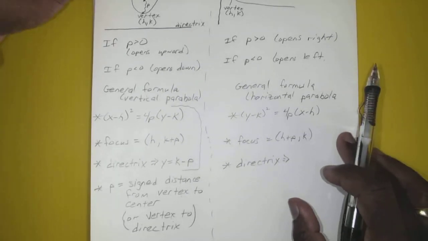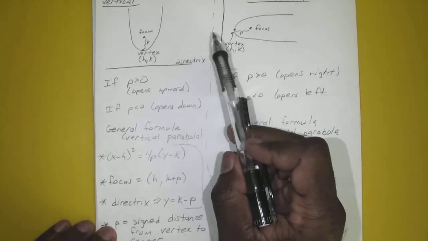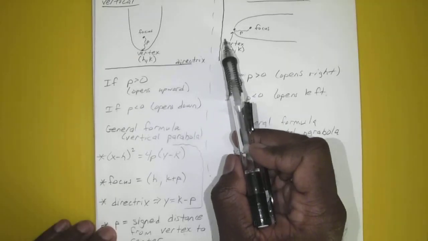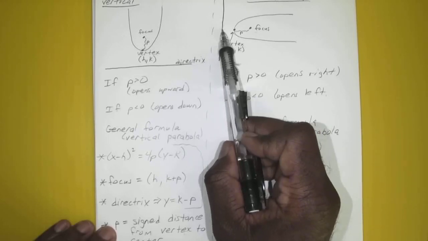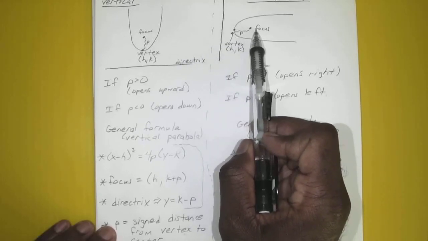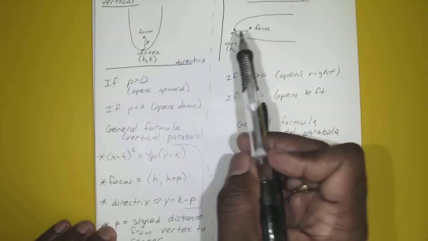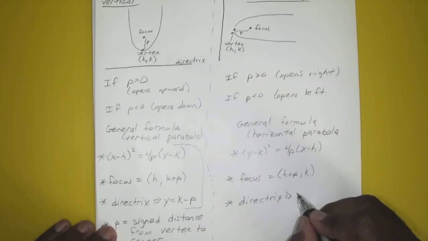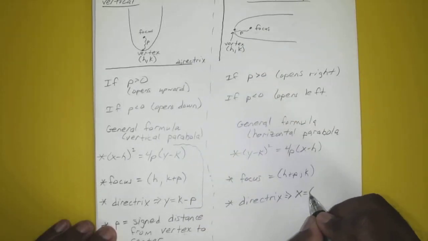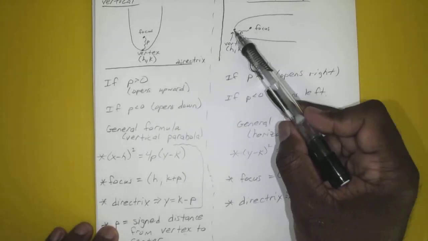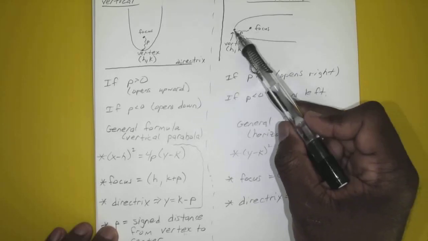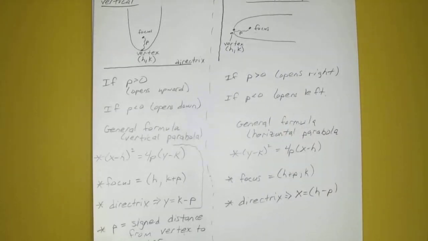So if we know this is going to be x equals something for our vertical line, we know that this point on the directrix is the same distance from the vertex as the focus is. So the directrix is just going to be x equals h minus p. So you have your h plus p for your focus and h minus p for your directrix.